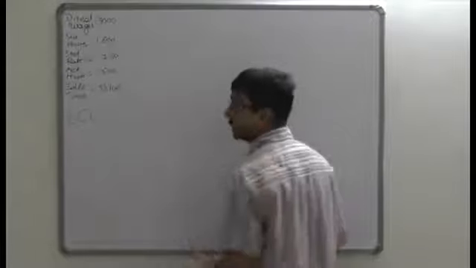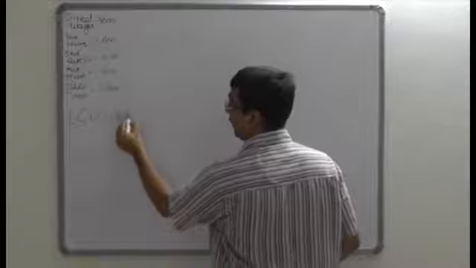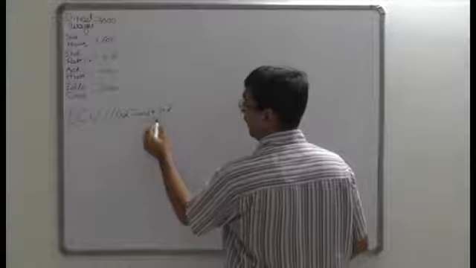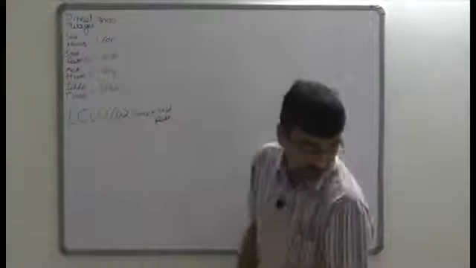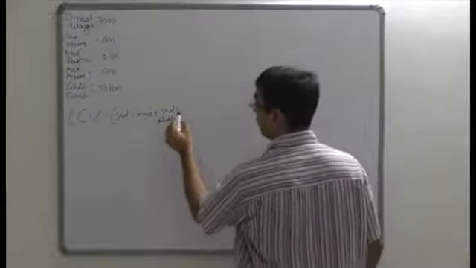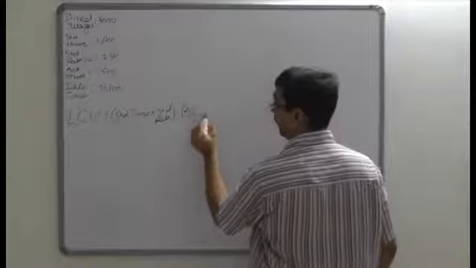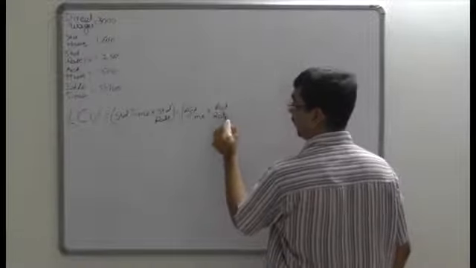Labor cost variance can be calculated with this formula: standard time multiplied by standard rate, minus actual time multiplied by actual rate.